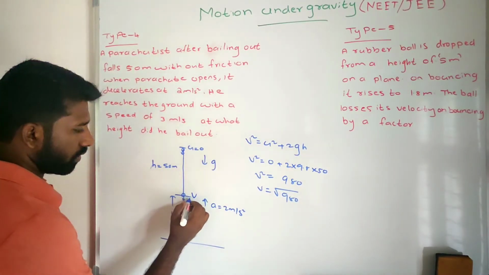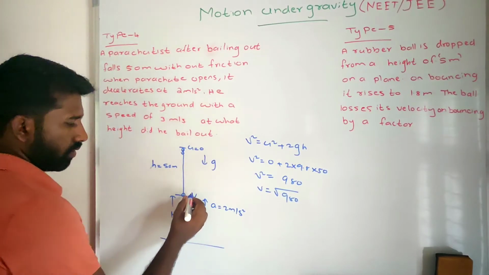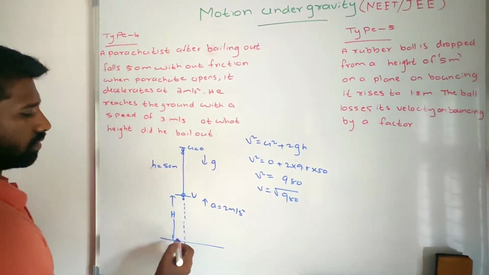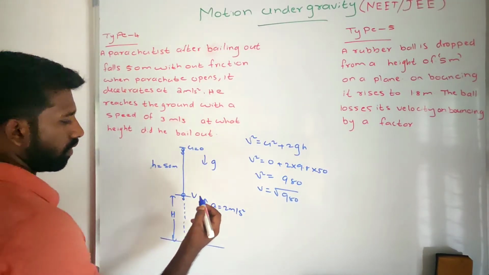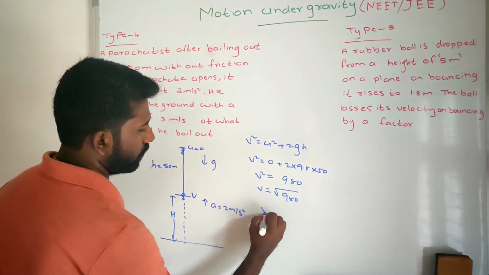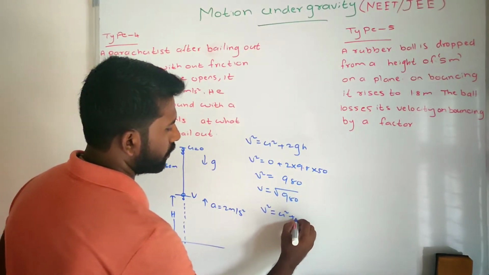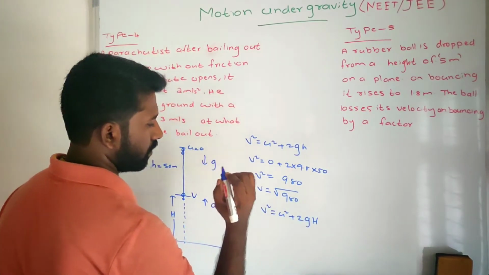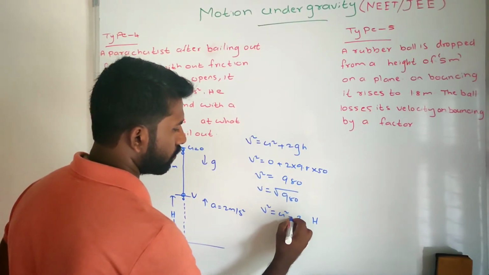Next, with this velocity it started to move. Next we will find out how much distance is covered. We need to find it. So v square is equal to u square plus 2 into capital S. Not g, the deceleration is going on, so minus a.